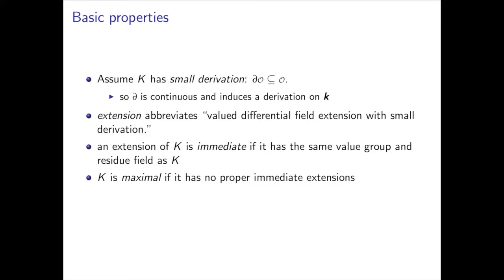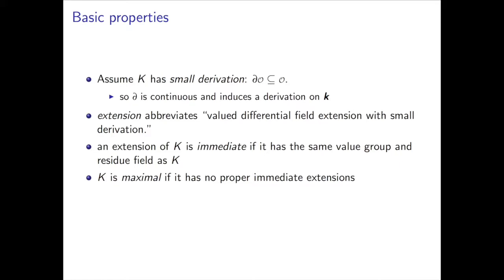Oh, did I not define immediate? Sorry, I must have deleted that or forgot it. Immediate means you have the same value group and residue field. So it's like you have the same set of coefficients and rates of growth. And so maximal means that, up to those two choices, you can't add any more.